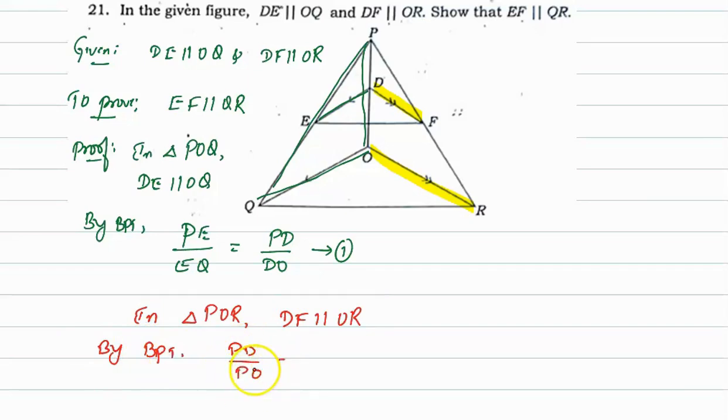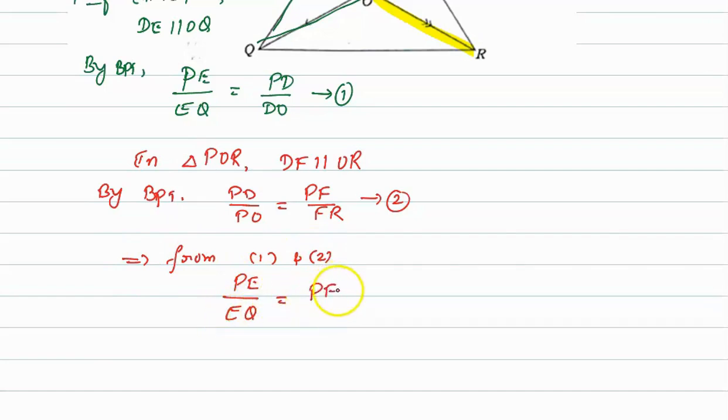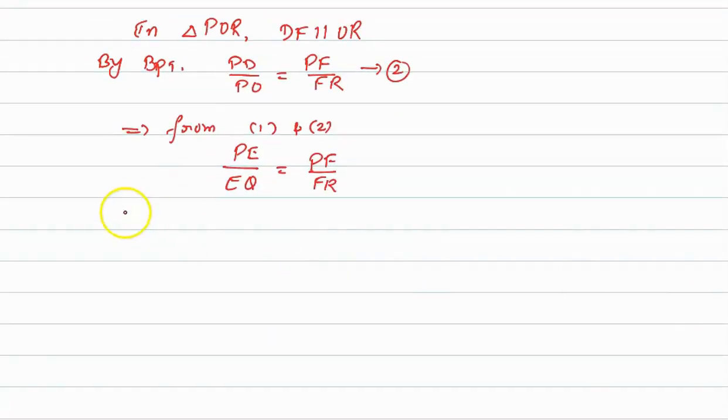PD divided by DO is equal to PF divided by FR. I take this as equation 2. Now comparing 1 and 2, PD by DO is equal. This implies from 1 and 2 I will get PE by EQ is equal to PF by FR. So these two are equal, so that means what?